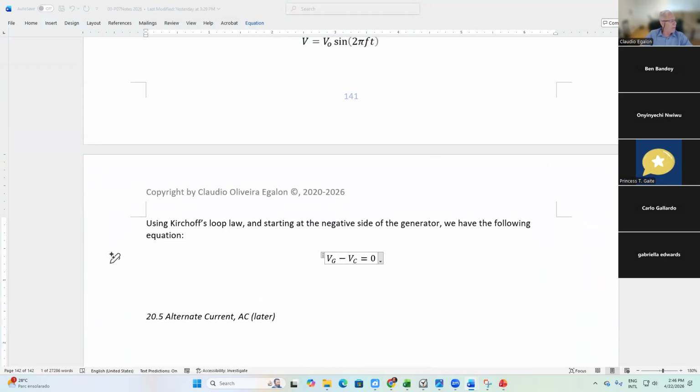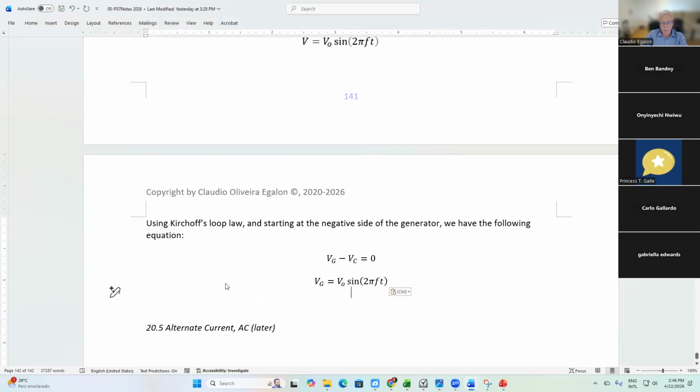VG is just like before, V naught sine 2 pi f t. And VC comes from the definition of capacitance.